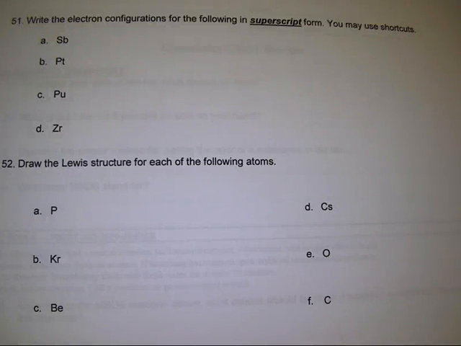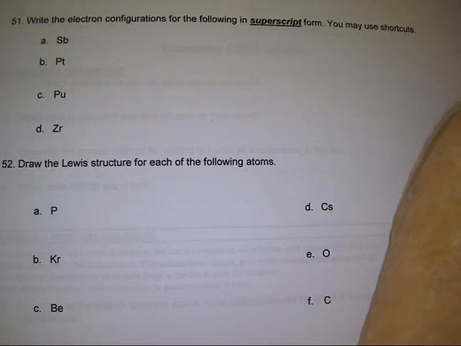It's just a little number, either 1 or 2, on top of the symbol for the orbital. Now we can use shortcuts. There are 2 shortcuts. The first shortcut is you can go back to the noble gas before the atom you're dealing with and put that in a symbol. And the second one is you can use P6, D10, or F14 if they are filled up.